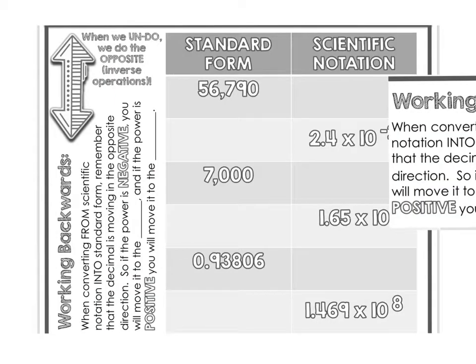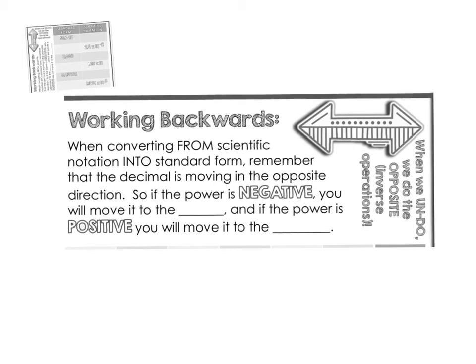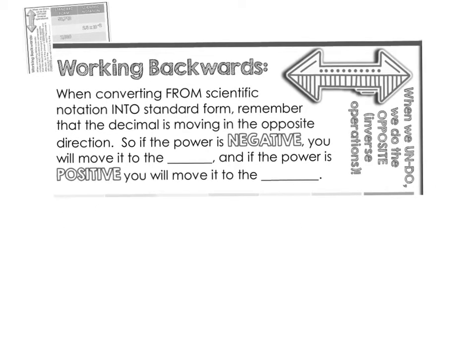Okay, moving on, we're going to do this working backwards section so you can turn your paper sideways. I just kind of had this ready to go over here. All right, here we go. Working backwards. When converting from scientific notation into standard form, those are regular giant numbers or small numbers, remember that the decimal is moving in the opposite direction.